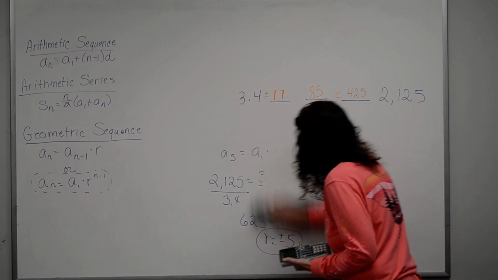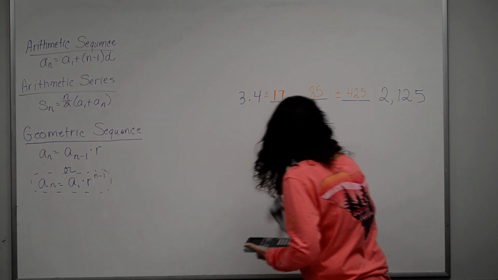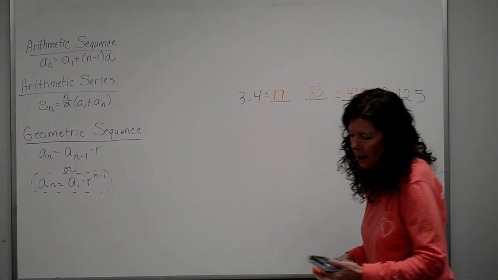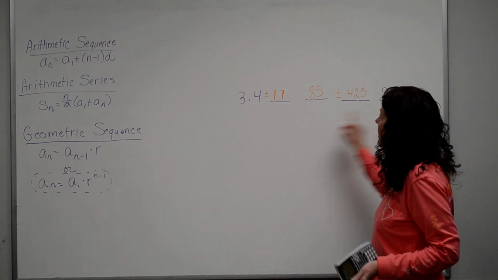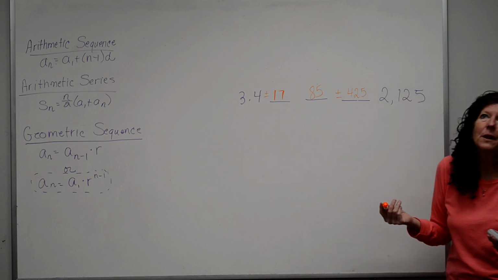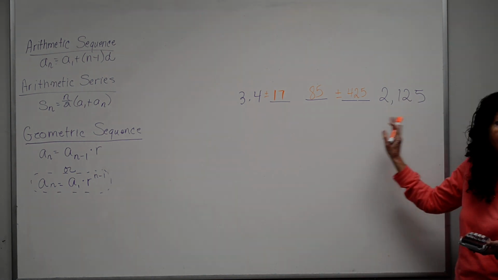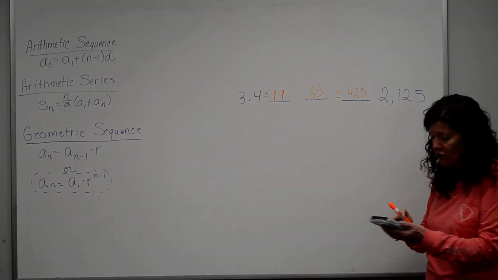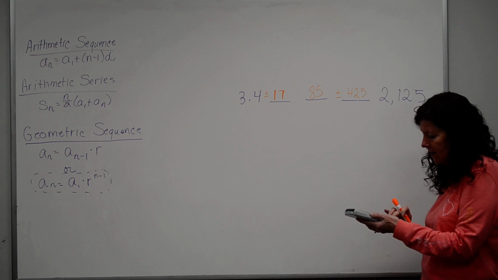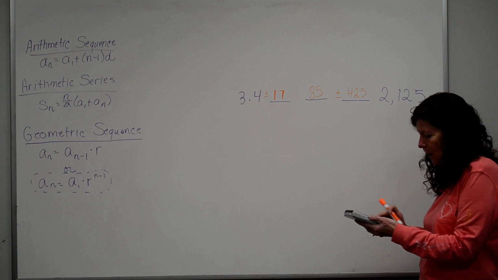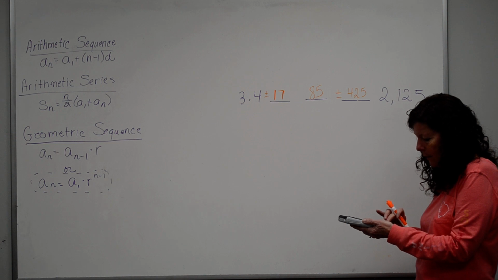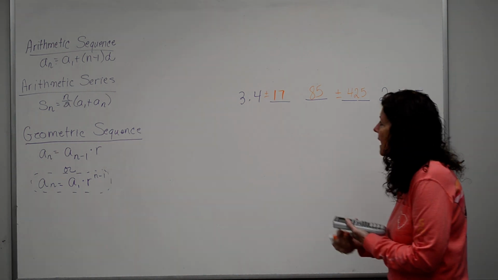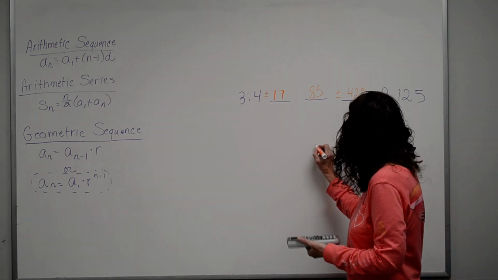This other way is more logic. Okay, I want to know the difference on these two. So not really difference, it's not subtraction, I'm going to divide. I want to know division wise, I'm going to go 2,125 divided by 3.4, and that's going to give me 625.